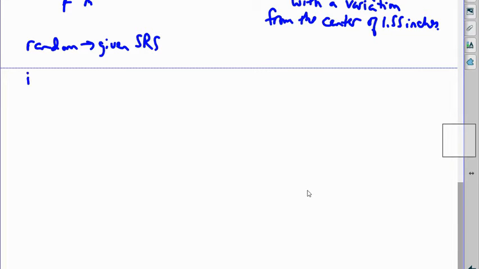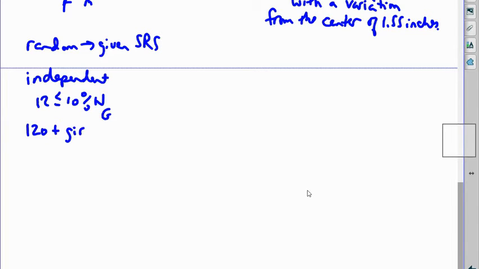And now we need to be independent. Since this is not an experiment, I will check it. Is 12 less than or equal to 10% of N for the girls in the world, and is 8 less than or equal to 10% of N for the boys?